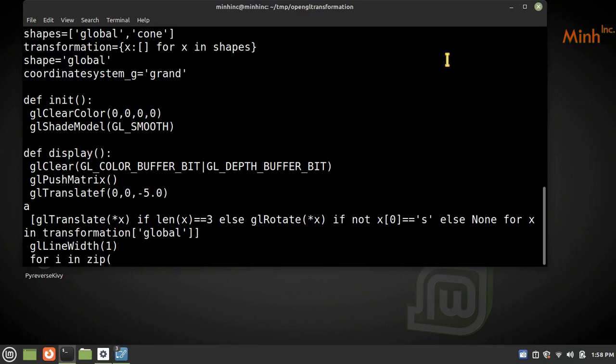So the global axis: minus 0.5, 0, 0 to 1.0, 0, 0.